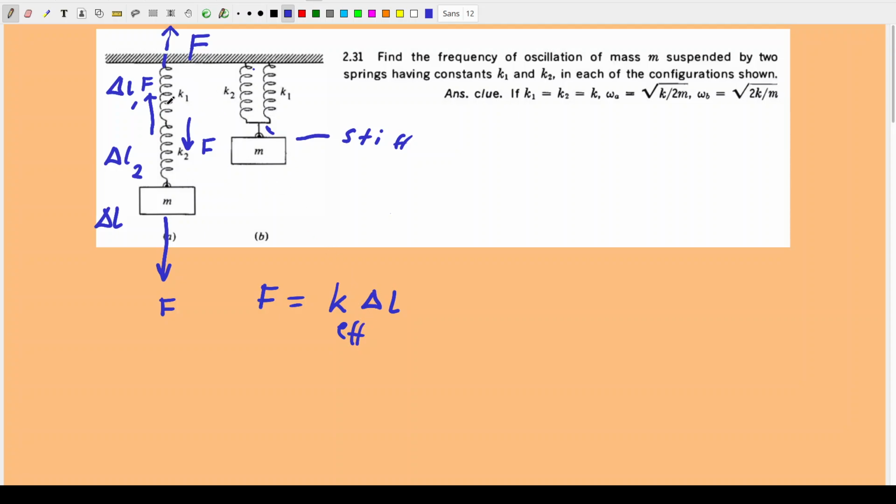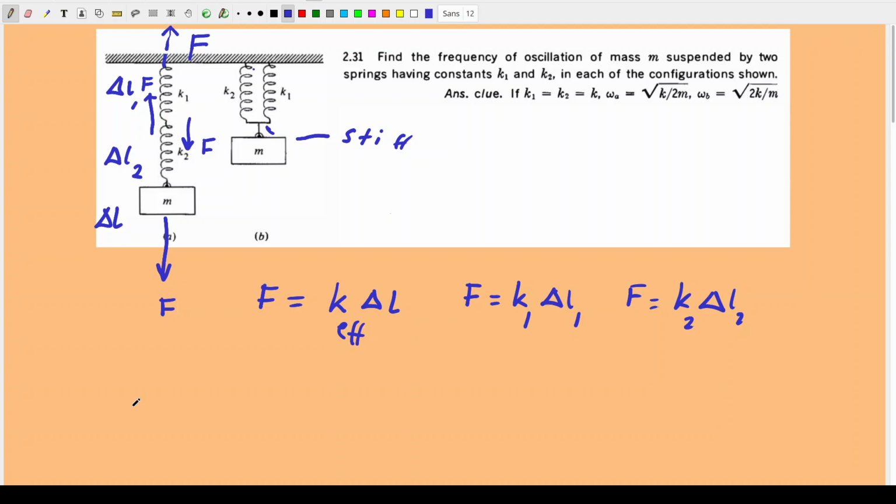And we also have for the springs here, we will have F equal K1 delta L1 and also K2 delta L2.